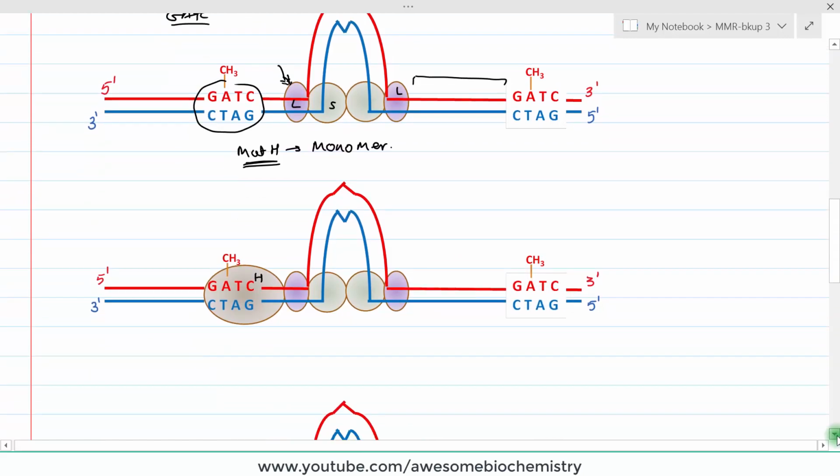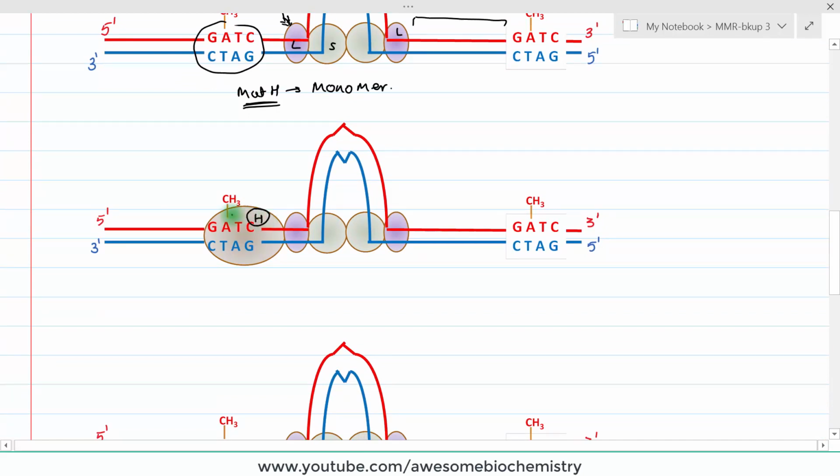Okay, so once on this side your MutH is recruited, this MutH has one specific action, and that is single strand endonuclease. Now this single strand endonuclease is very specific in nature. Where will its endonuclease action be carried out?